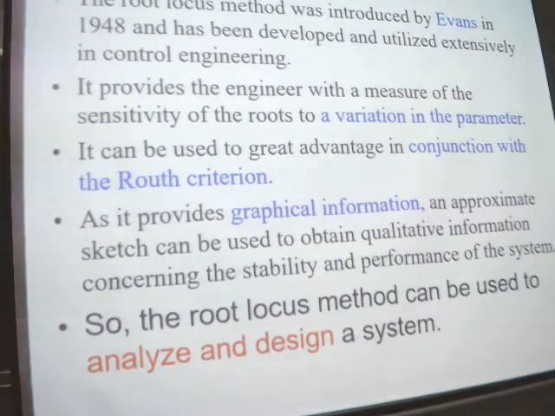So, here we show that the position of the roots determines the system stability and transient performance. So, we should study the root locus, because when the parameter changes, the roots also change. And if we give a suitable parameter, the system can be stable.